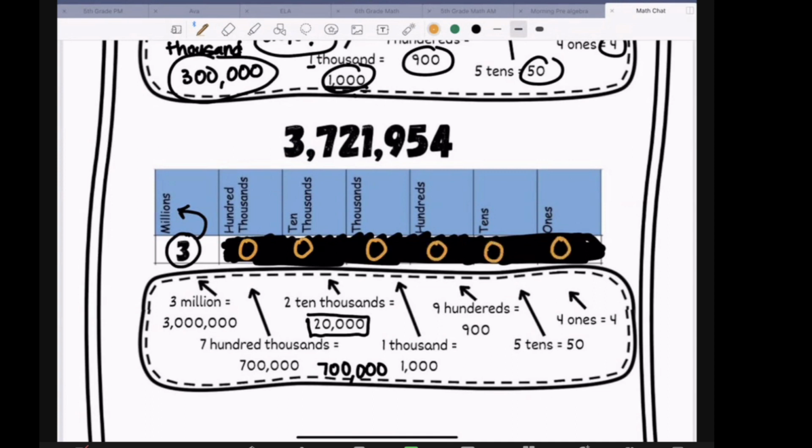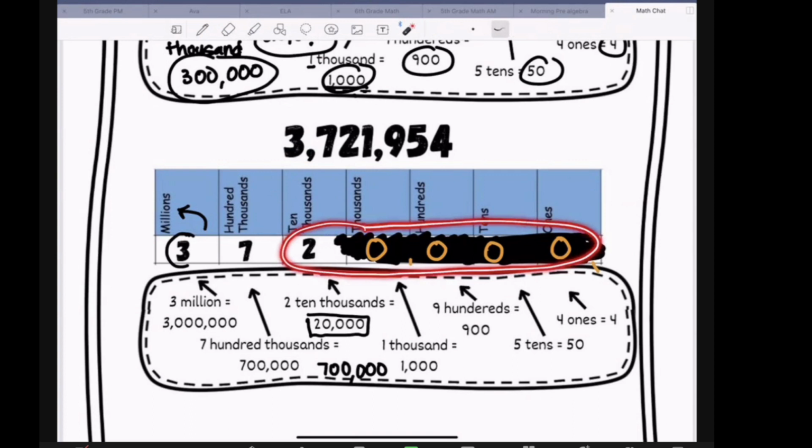You see that 3 million has 6 zeros, and you put your commas in every 3 places. That should help you with 10,000. Let's try 10,000. We know the 10,000s place is a 2. There's a 2 in the 10,000s, and we know there are zeros for the rest. So my answer is that 2 is worth 20,000.